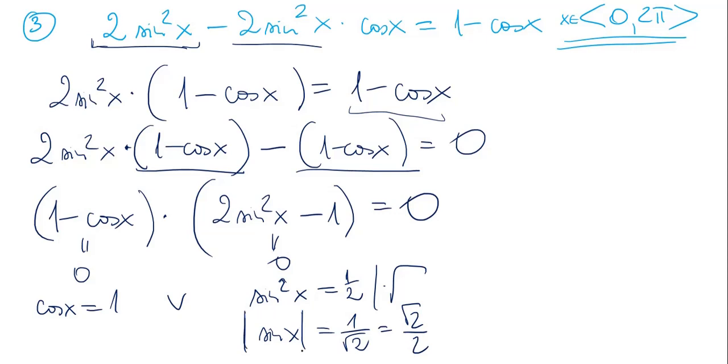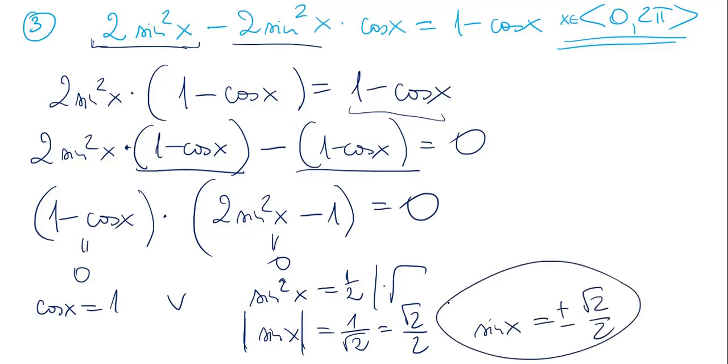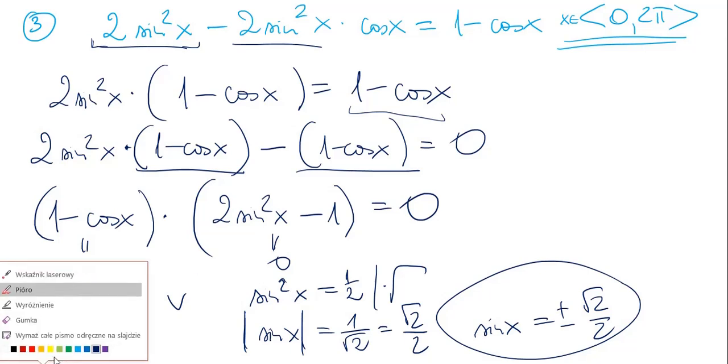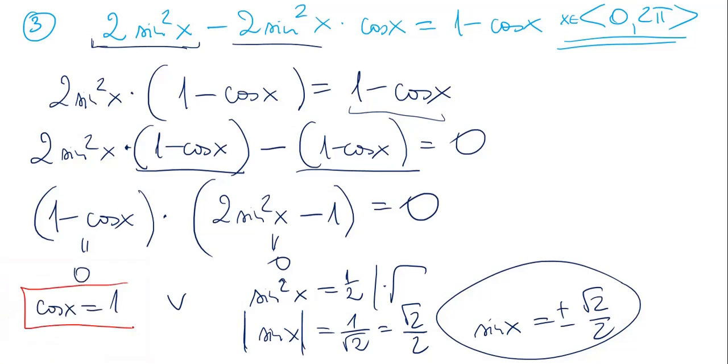We need to put the absolute value, because now we can get plus or minus. So sine x equals plus or minus. That's very important, so be careful here, because sine x can be negative. All right, so now we have two simple equations again, and we have to solve them.